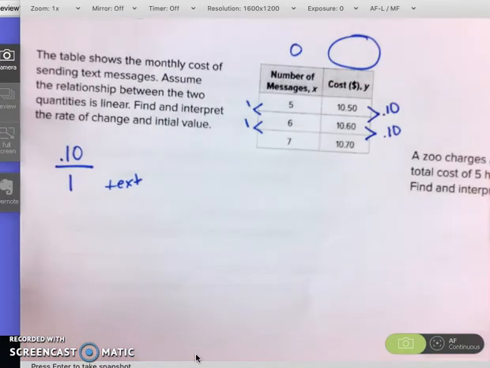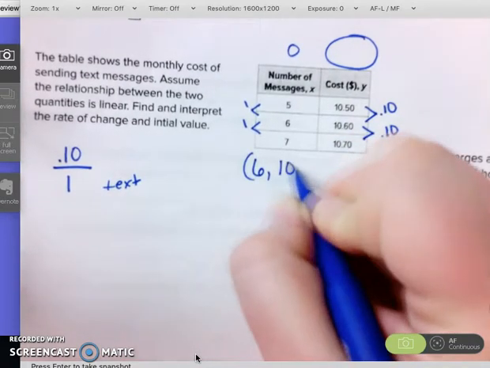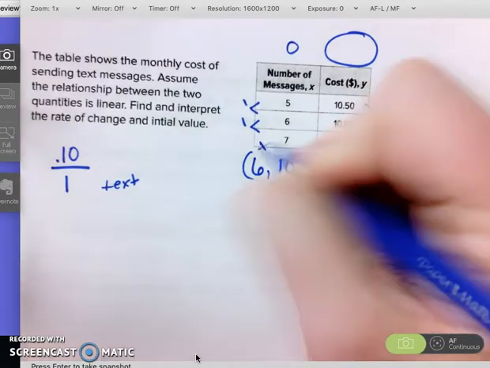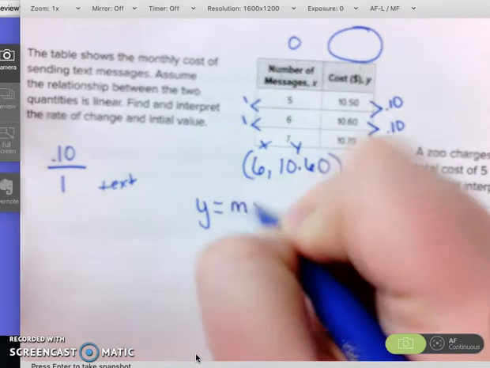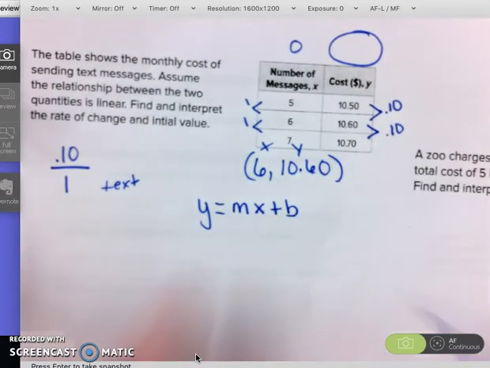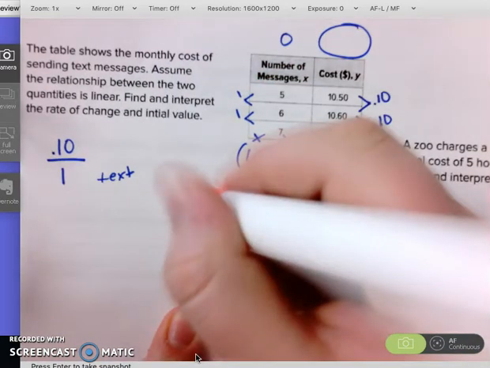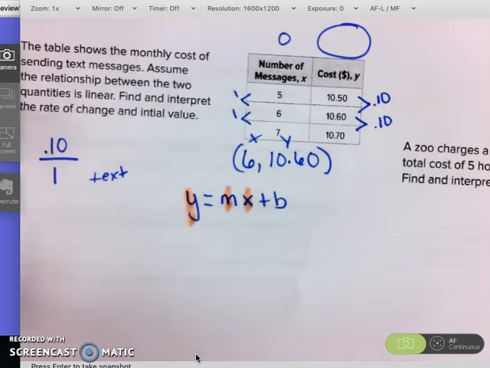So I'm going to choose any point that I want. So 6 and then $10.60. This is my x and this is my y. So I'm going to take my equation y equals mx plus b. I'm going to replace the y, the m, and the x. And then I'm going to solve for b.